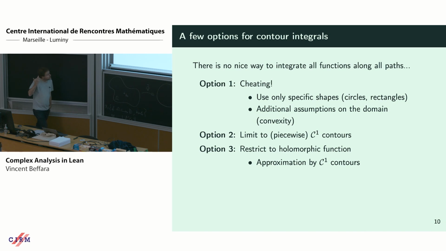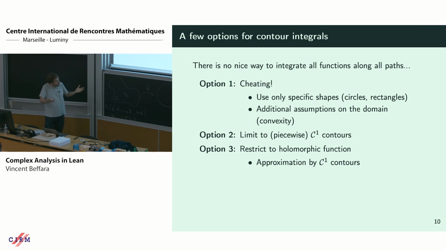The first one is you want to approximate by C1 contours. So what you do is you take your continuous contour, you take an approximation which is C1 and contained in your domain. And this is not so difficult to do. You approximate by a C1 contour. You define the integral along the C1 contour using the integral of f times gamma prime.